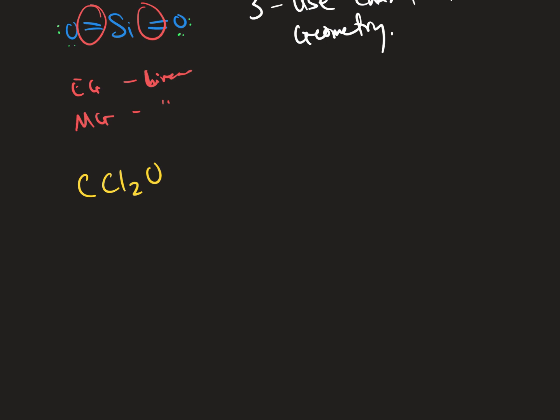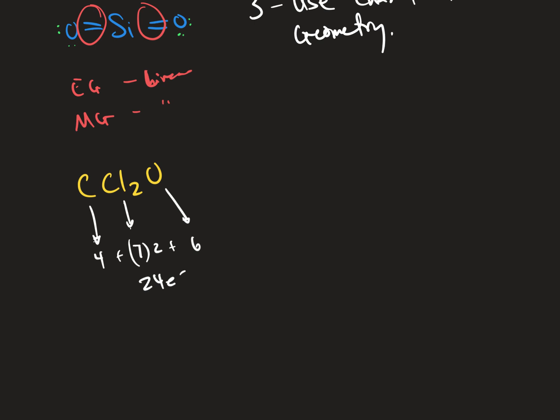Am I going too quickly? Carbon has how many valence electrons? 4. Chlorine has how many? 7. There's 2 of those. And oxygen has 6. So that is 24 total. Did I count correctly? Okay.